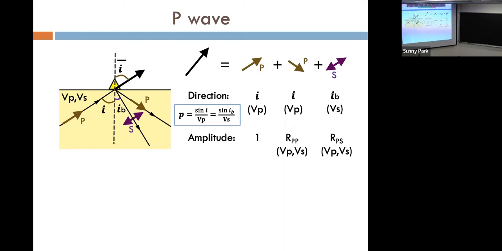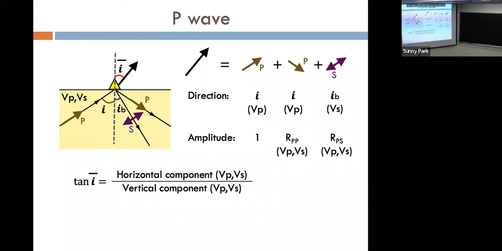So you can expect that the angle I bar that's measured at the surface is probably not the same as the angle that's coming in. We can derive that by this relationship, where tangent of the angle would be the sum of all the horizontal components of these vectors over the sum of all the vertical components of these vectors.